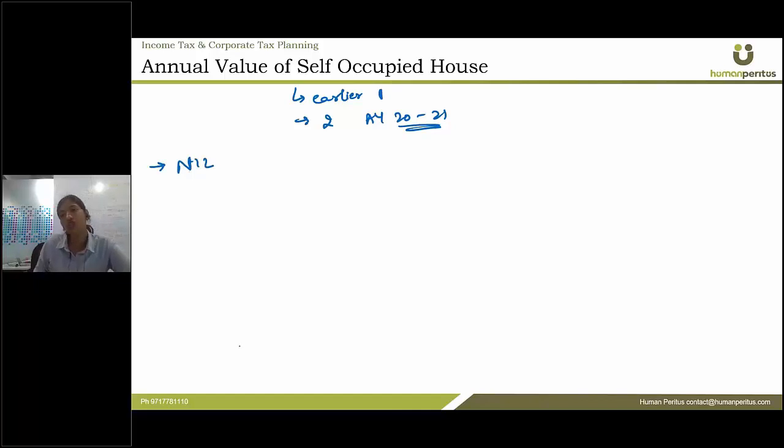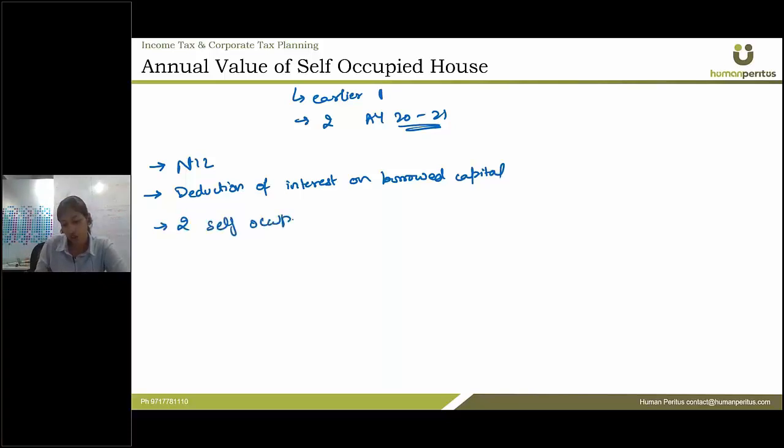We take gross annual value or net annual value for self-occupied house as nil. And from this nil value, the person can claim deduction of interest on borrowed capital. He is not eligible for standard deduction and for 2 self-occupied houses.